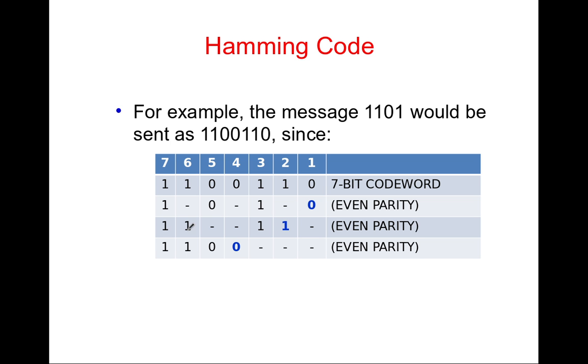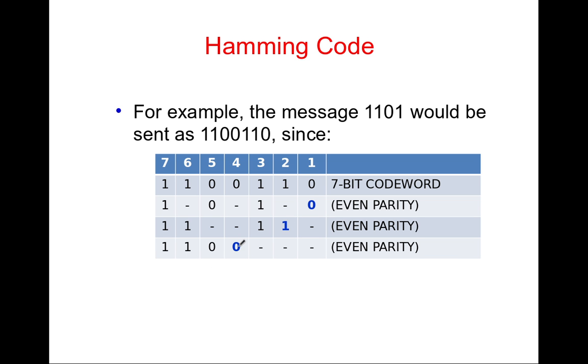Similarly for bit 2, the positions at which the data bits will be calculated are 3, 6 and 7. They are all 3 ones, and that's why we need to make the parity even. That's why one is required, and the check bit will be 1.